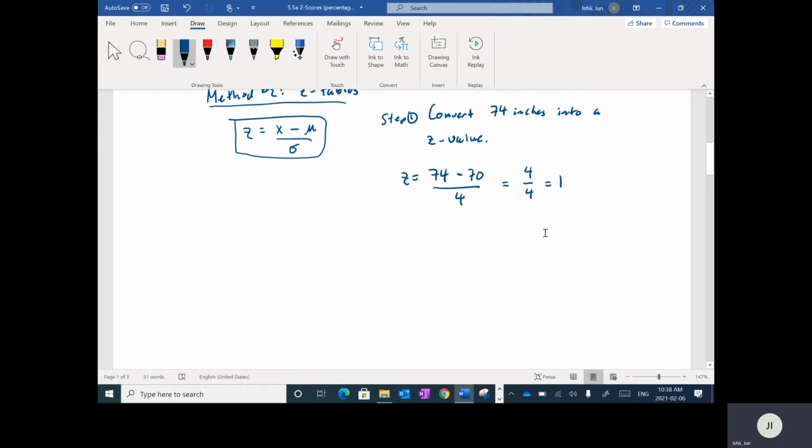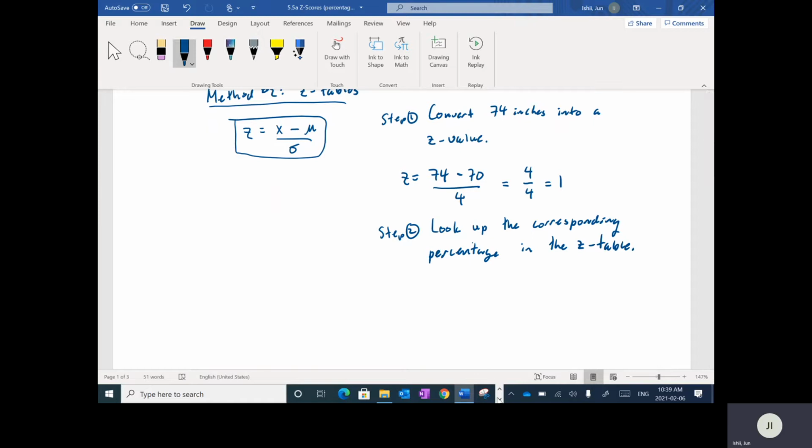Okay. All right, so once we've done that, next step, step 2, is we're going to look up the corresponding percentage in the Z table. All right, so there are Z tables in the back of the textbook.